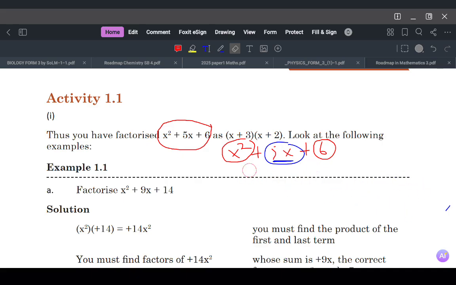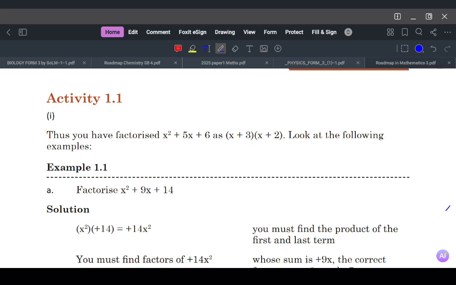All right, so in this case, rewriting this, our working is going to look like this. We have x squared plus 5x plus 6 is the same as x squared plus 2x plus 3x plus 6. It's the same.